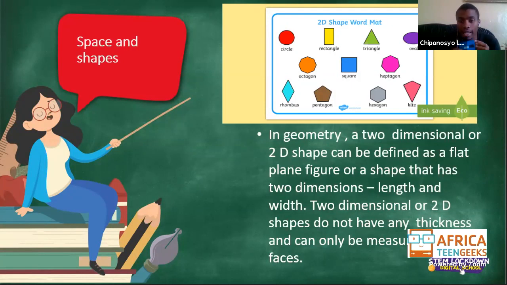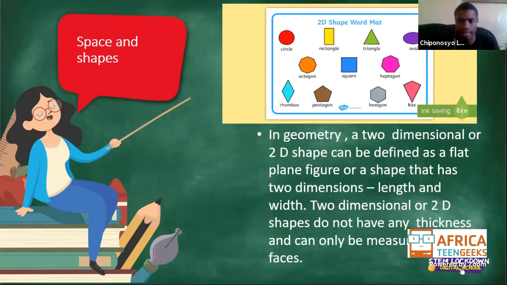This is 2D because it's flat. What works best with it is size, because we count the sides 1, 2, 3, 4. If we look at it the way we look at 3D with faces, it only has 1, 2 faces. That's it, because they are flat shapes.